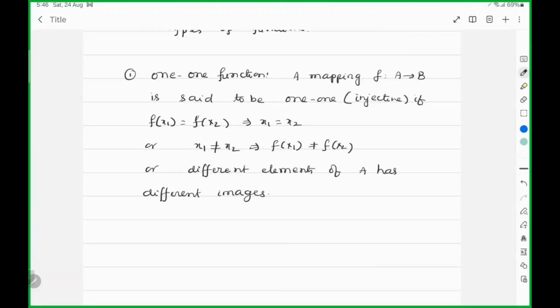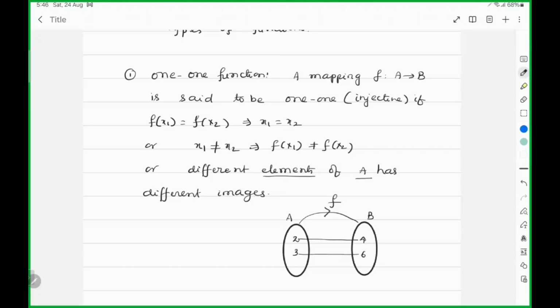What is the meaning of this? Here you have a set represented with a Venn diagram, simply a circle. Two sets are connected by a mapping f. Suppose you take two elements of A and the corresponding images. 2 is different from 3.